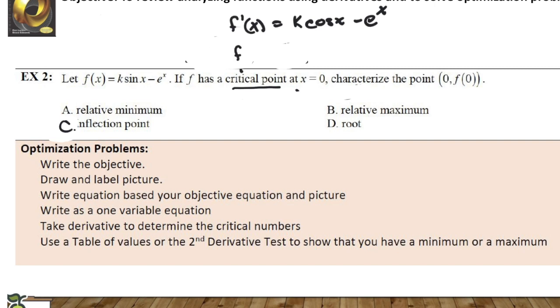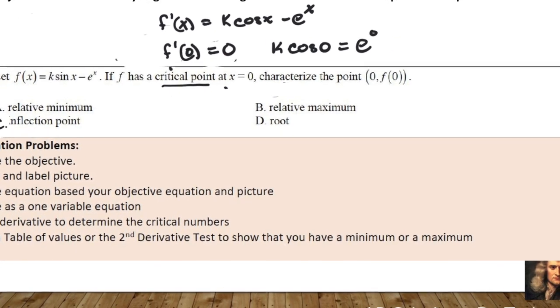So f prime at 0 must be equal to 0, which tells us that k times the cosine of 0 must equal e to the 0, which is 1. And believe it or not, that gives us our k value, doesn't it? K equals 1.